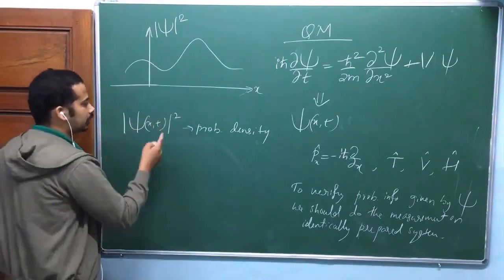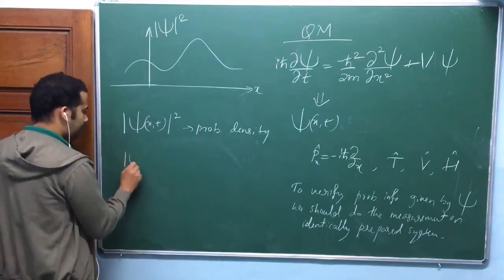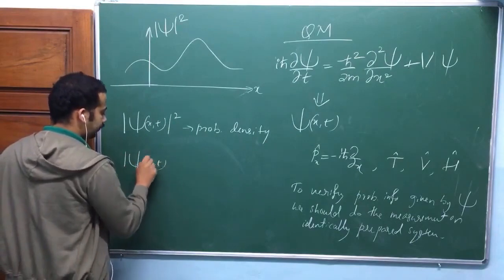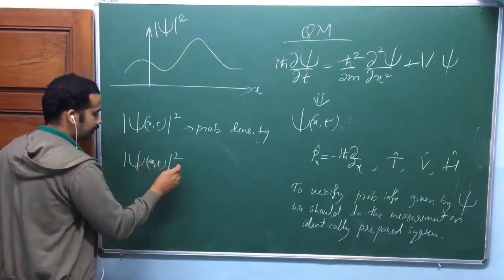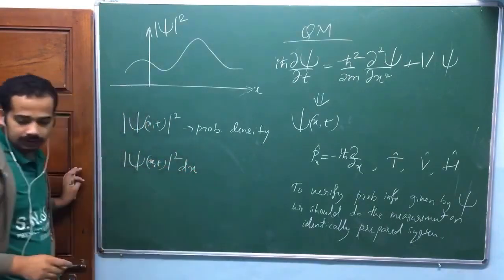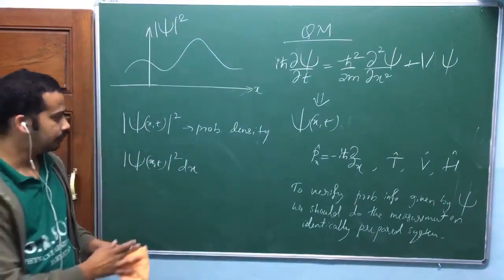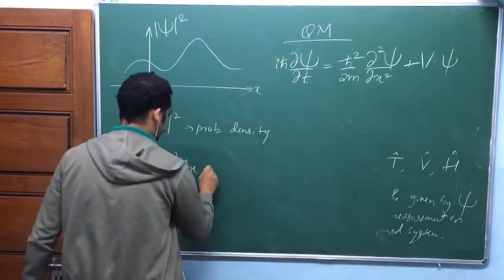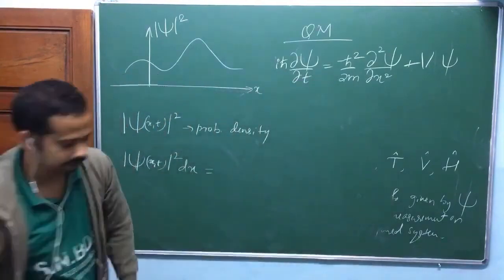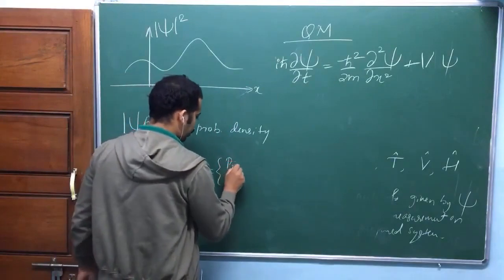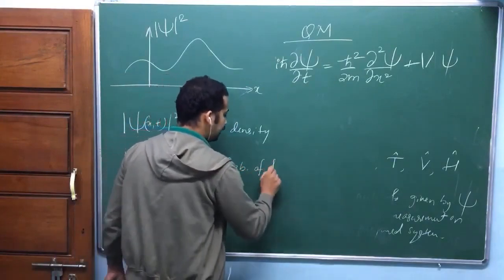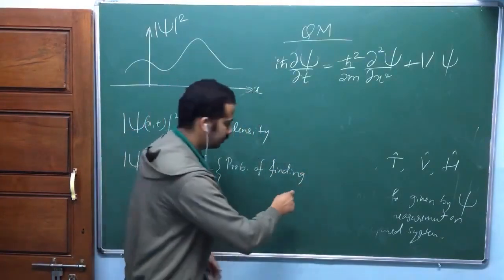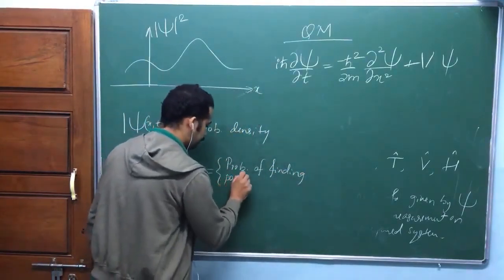Again, this mod psi square gives probability density, and this mod psi of x comma t, the whole square, into dx, okay? It will give the probability of finding the position of the particle.